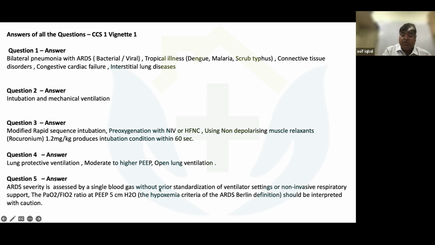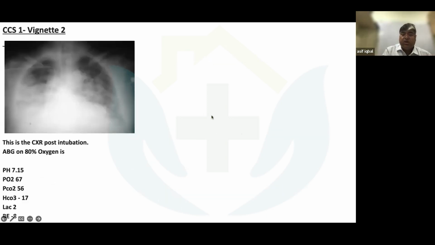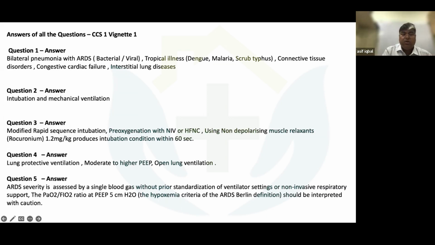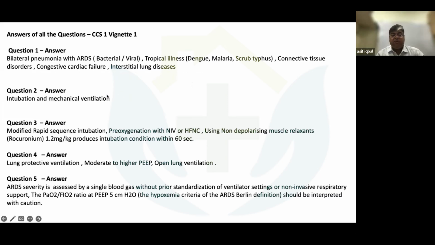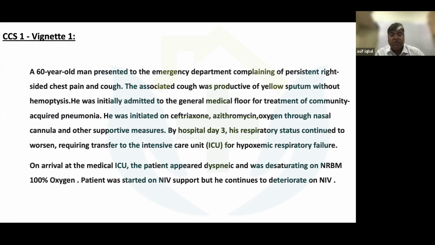Then the next question was, what is your immediate management for this patient? In this scenario, the patient is on NIV, on NRBM with 100% oxygen, was started on NIV support, but continuously deteriorates on the NIV.